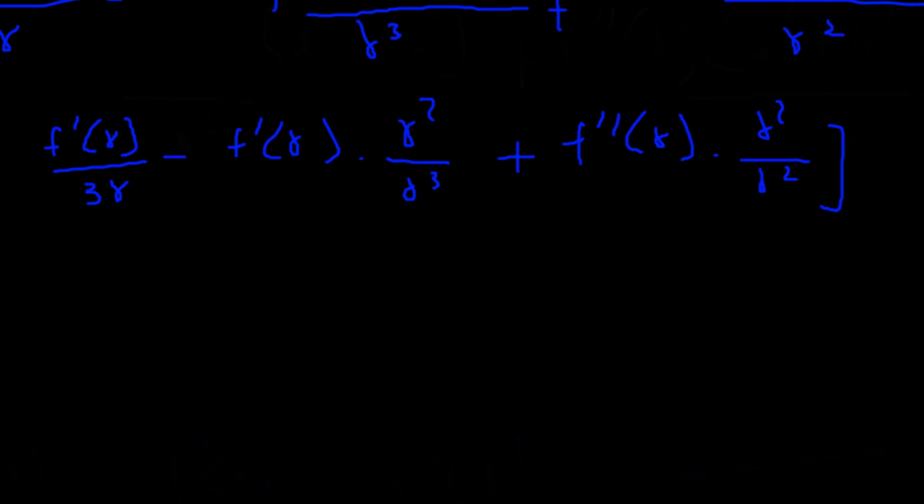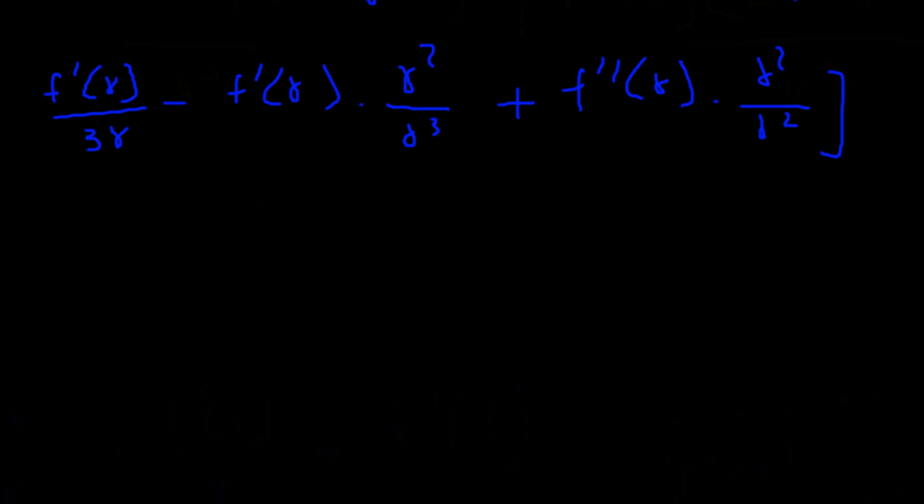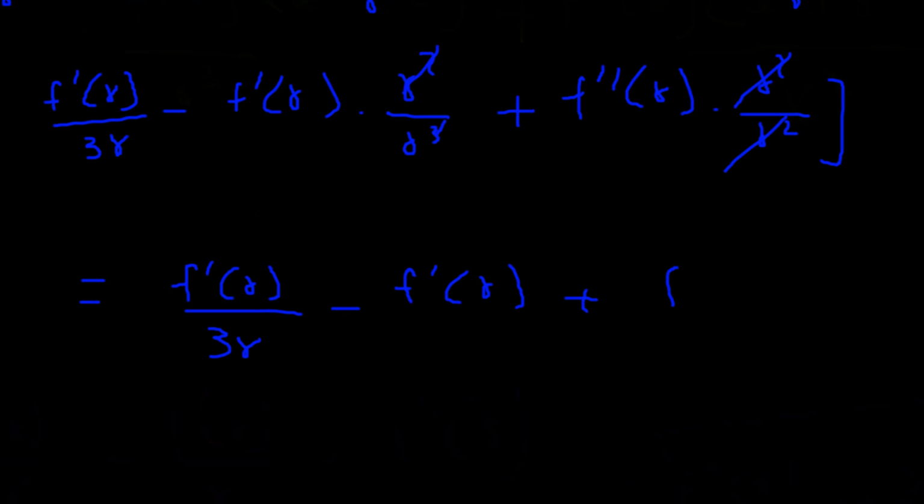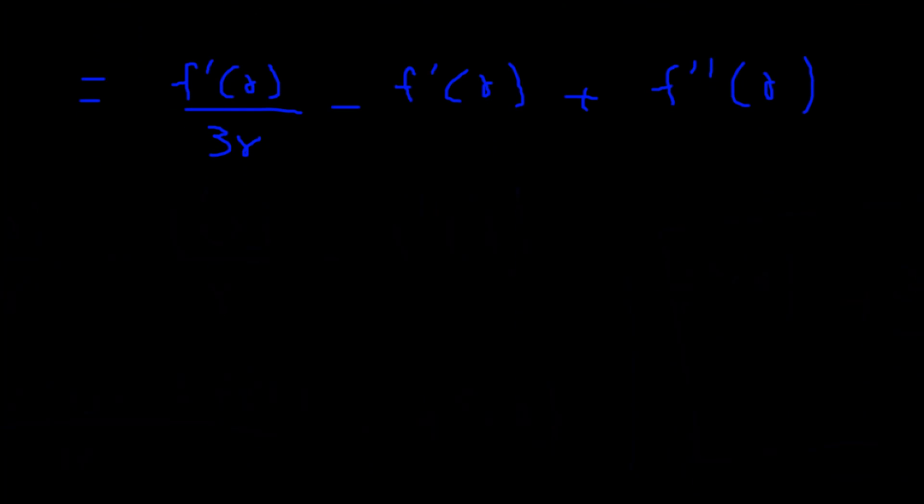Okay, now we don't really have to do much, because this is cut, and this is cut. Let's just write the value. The final value which we got is this minus f dash r plus f double dash r, and let's simplify this thing.